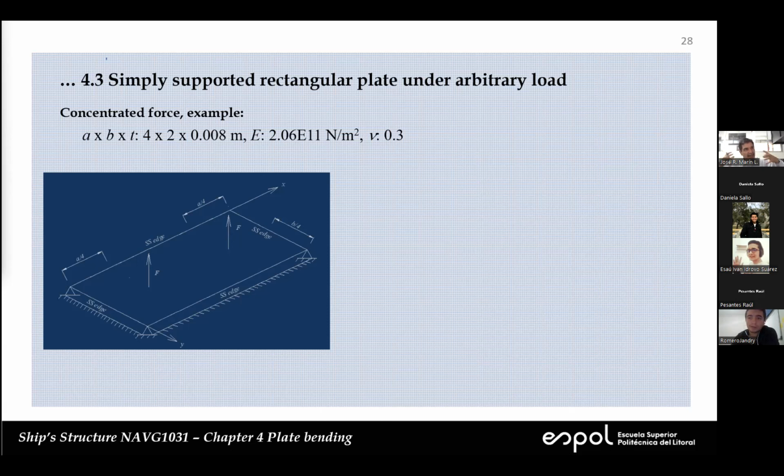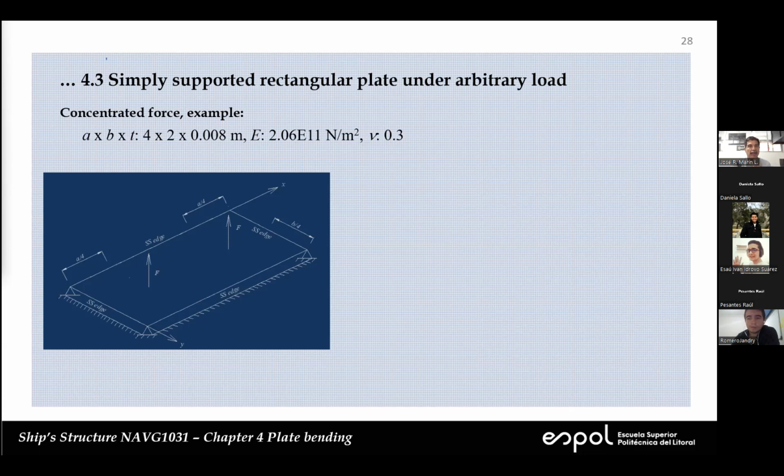So try to start having these things in your head. For example, when I say 4 by 2, 4 is from there to there, by 2 from there. That's the plate that you are analyzing. So try to start converting these mathematical problems into physical problems, and start seeing how much this is going to be.